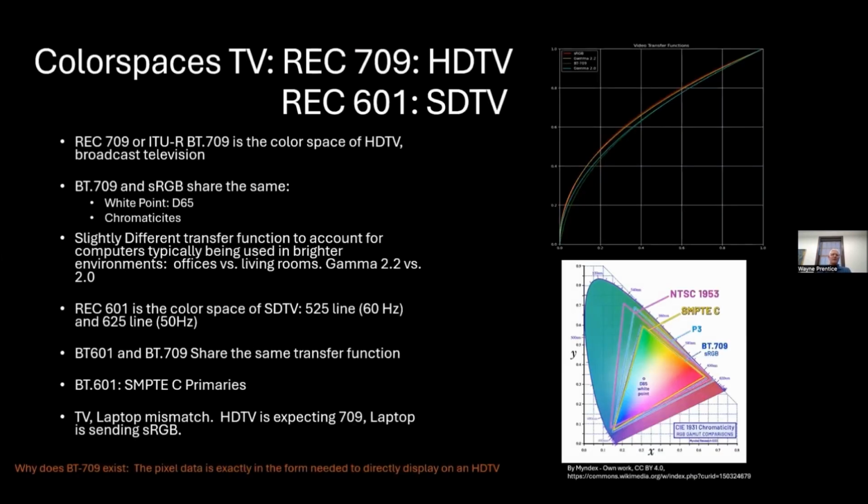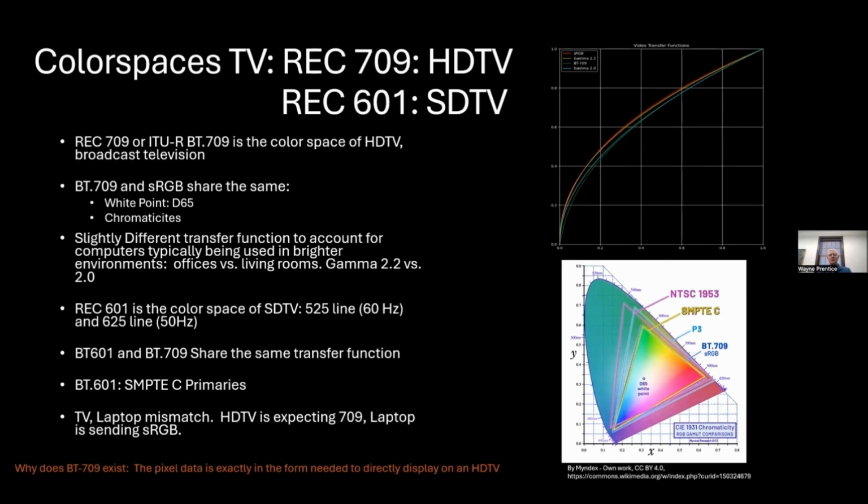So let's look at the next adjacent color space. These are color spaces for TV. I've got two here: Rec 709, which is for HDTV, and Rec 601, which is for standard definition TV, if you remember way back then. Comparing to sRGB, which we just talked about, sRGB and 709 share the same white points and chromaticities.